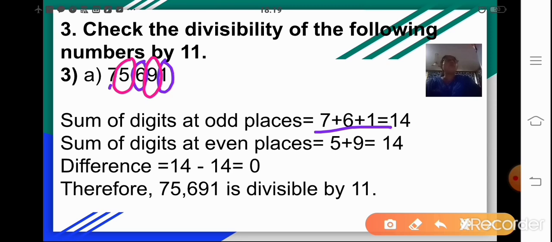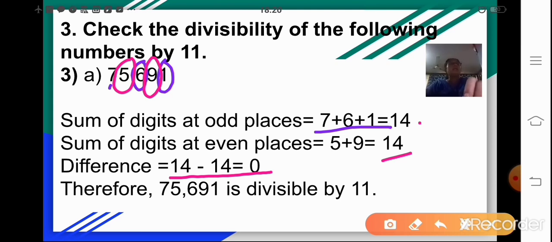Now what you have to do? You have to find the difference between the sum of the digits at odd places and the sum of the digits at even places. So when you find the difference, 14 minus 14 is equal to 0. So what is the rule?